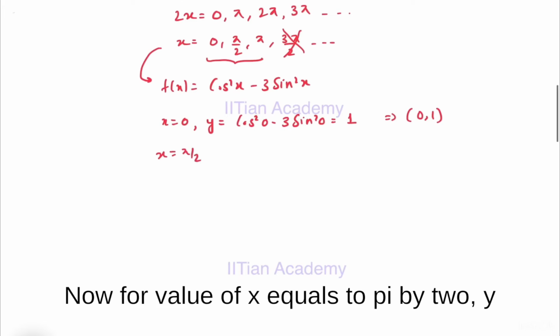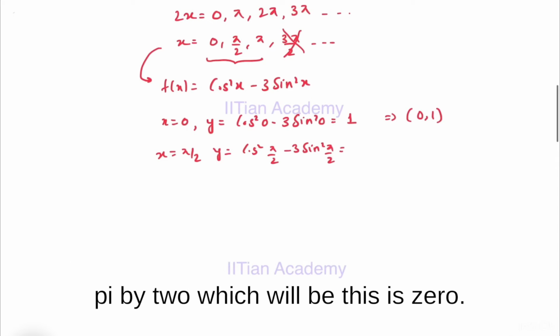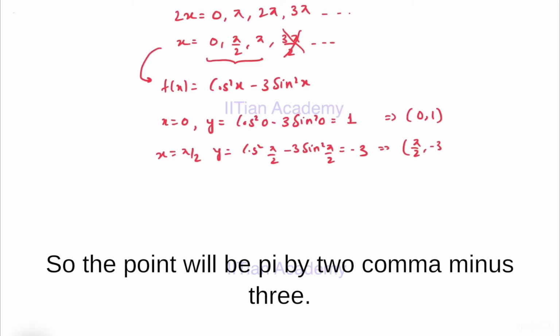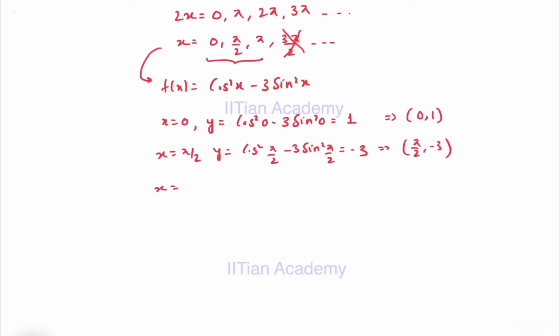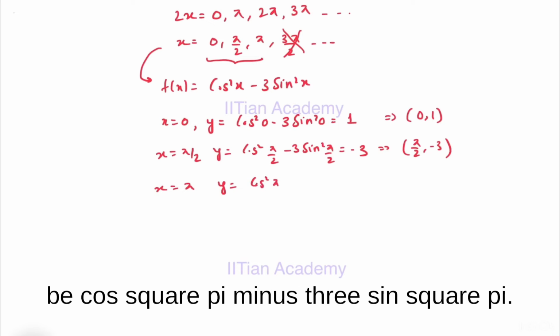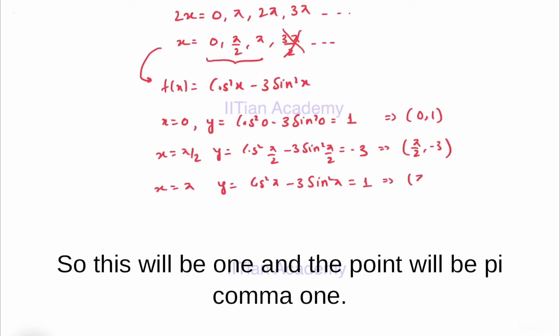Now for x equals pi by 2, y will be cos square pi by 2 minus 3 sin square pi by 2, which will be, this is 0, so this is minus 3. So the point will be (pi by 2, minus 3). Now at x equals pi, the value will be cos square pi minus 3 sin square pi. So this will be 1 and the point will be (pi, 1).